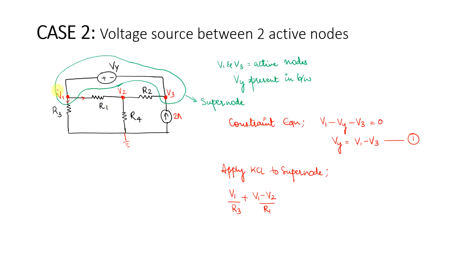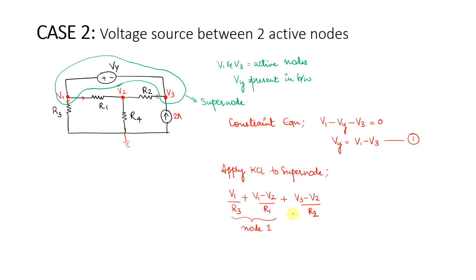So you have finished writing the KCL for the node 1, plus, because you are applying KCL to the supernode, you have to consider even V3, because V3 also was included. So again consider the current to be leaving the node. This would be V3 minus V2 divided by R2.